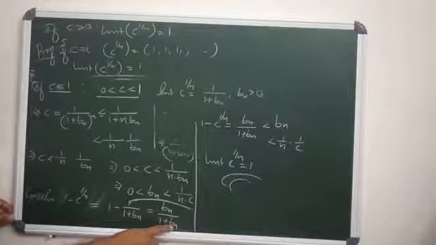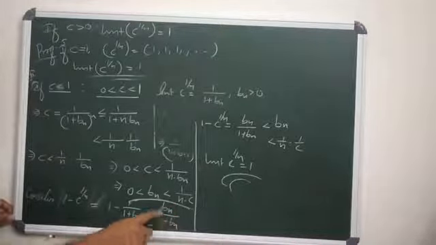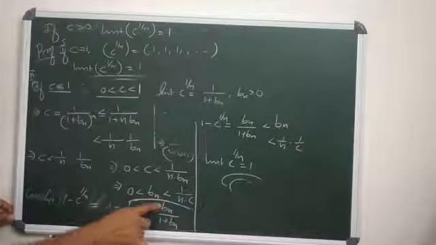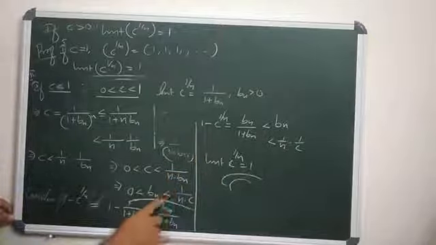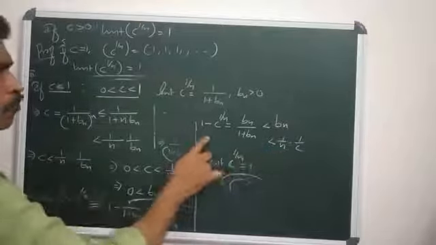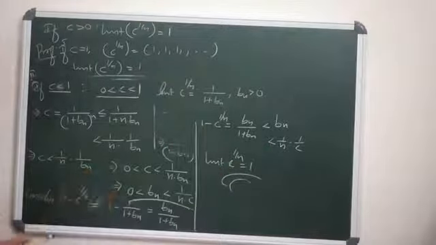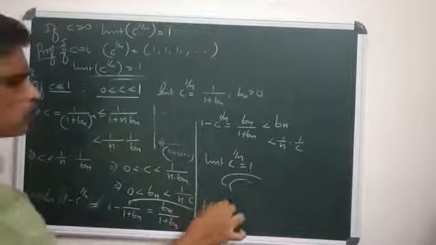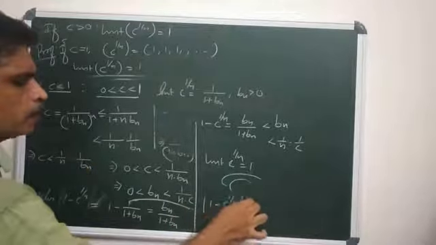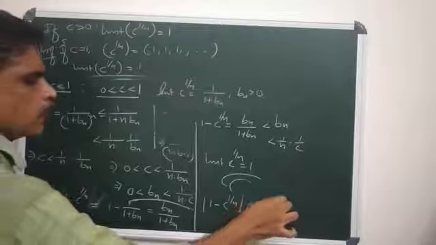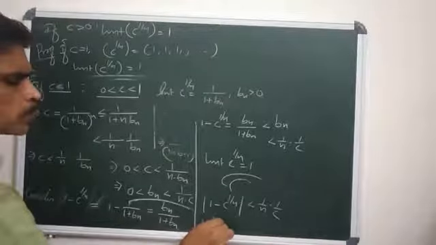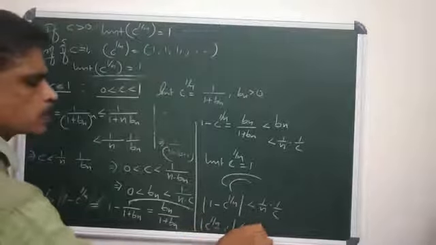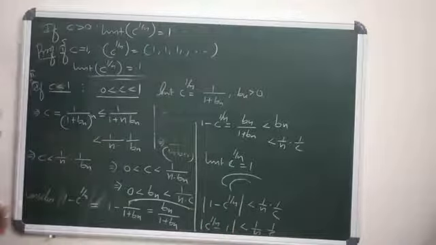Since bn is positive, bn by (1 plus bn) is always less than bn. But bn is less than 1 by n into c. So finally, modulus of 1 minus c power 1 by n, that is modulus of c power 1 by n minus 1, is strictly less than 1 by n into 1 by c.